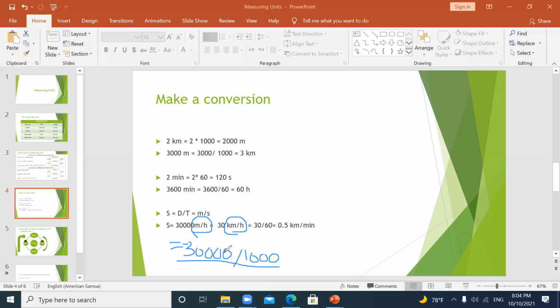And this is divided by hour, same. So the final result will be 30,000 divided by 1000 equals 30 kilometers per hour.